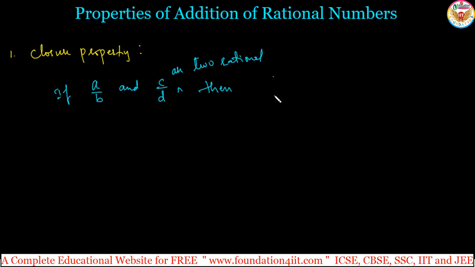Then by adding both, that means a by b plus c by d, the result is also a rational number. Okay, this is the closure property.